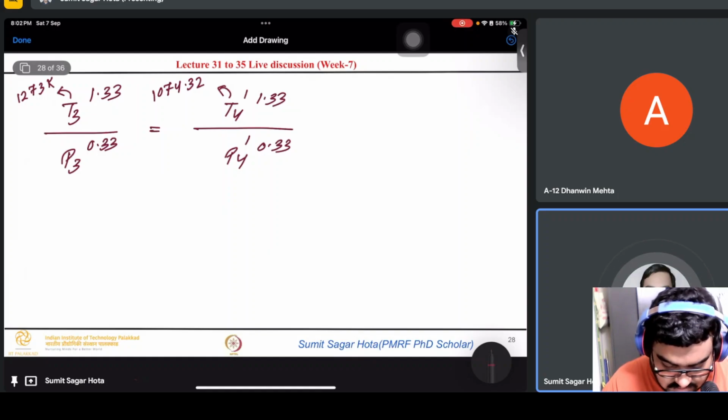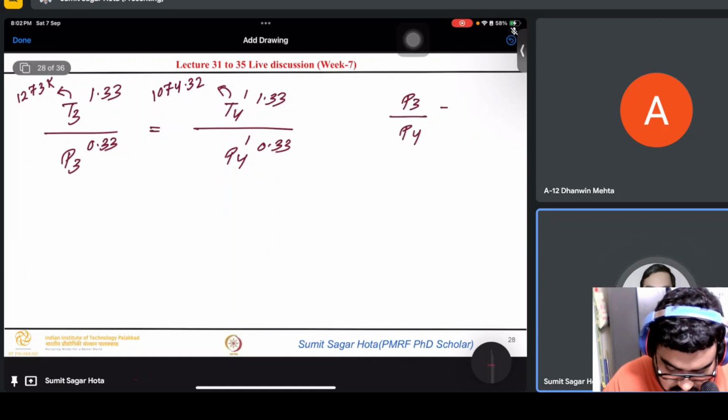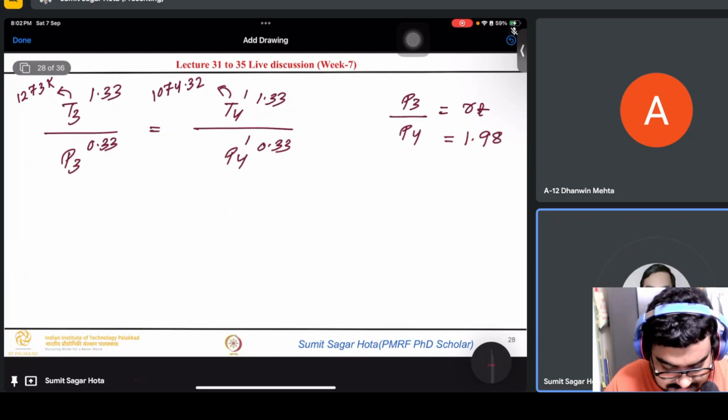And you know very well P3 by P4 is equal to what? RT is equal to 1.98.